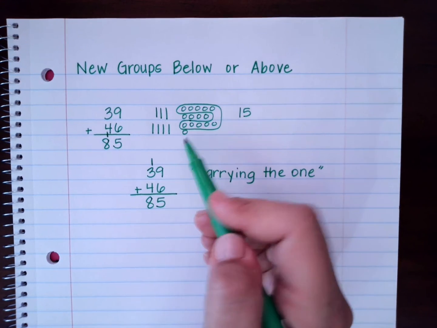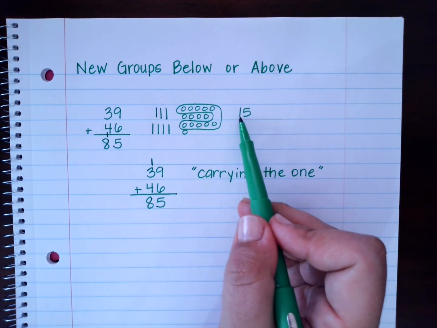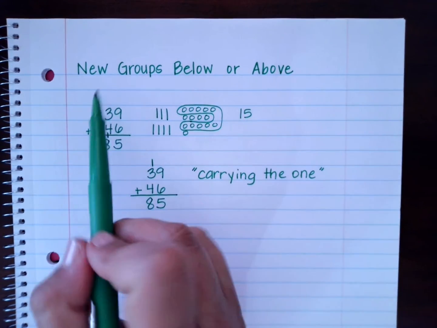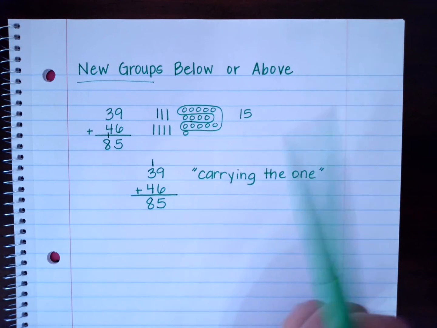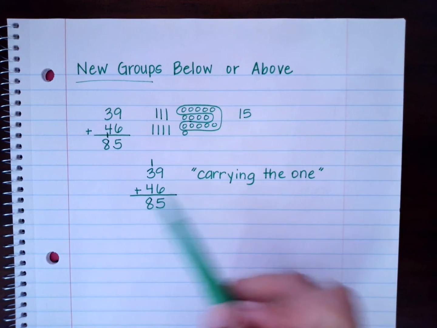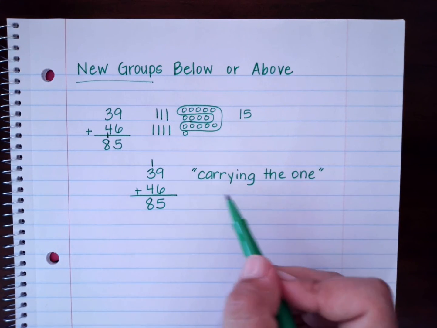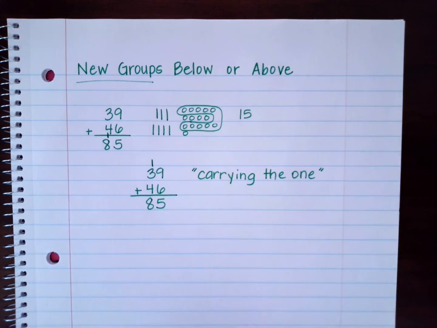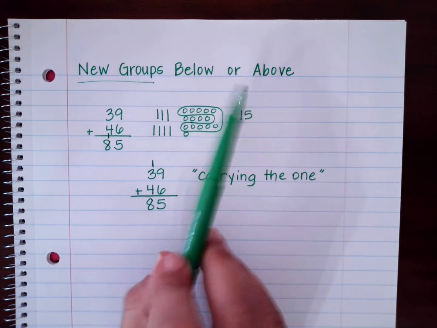Is it just worth one of these circles? No, it's a 10. So that's why we've changed the name to new groups, because it's a new group. We're moving the new group. So you could say like you're carrying the new group, but then that gets kind of confusing. So that's why we call it new groups below or new groups above.